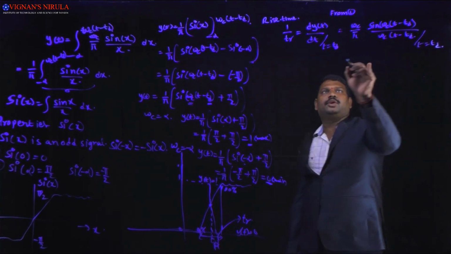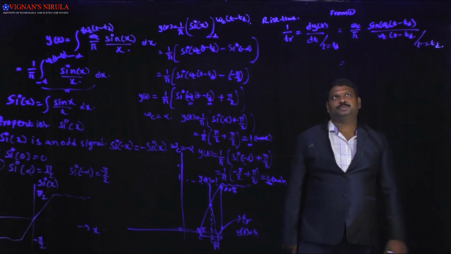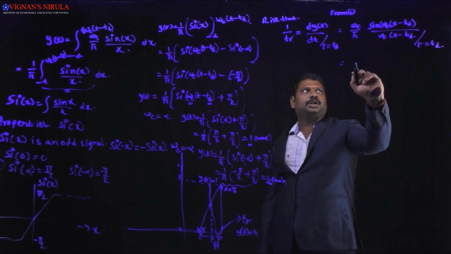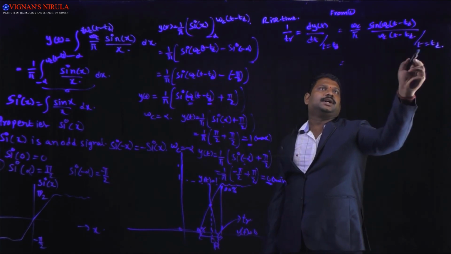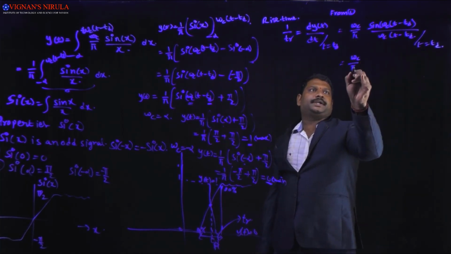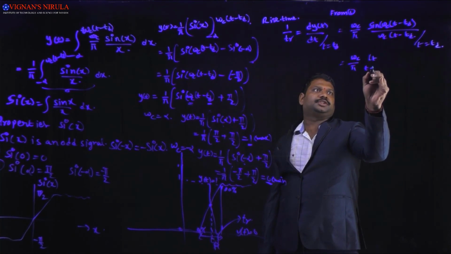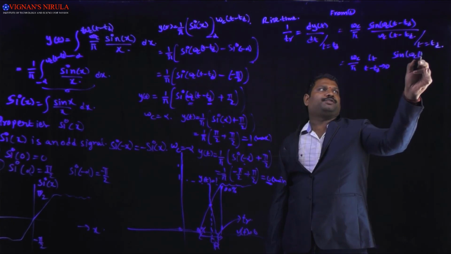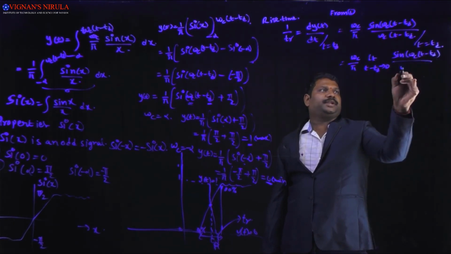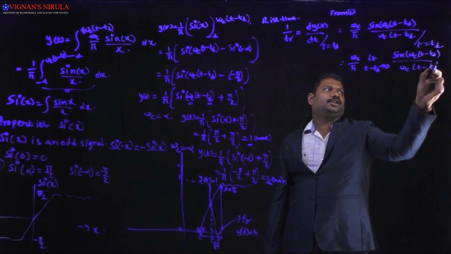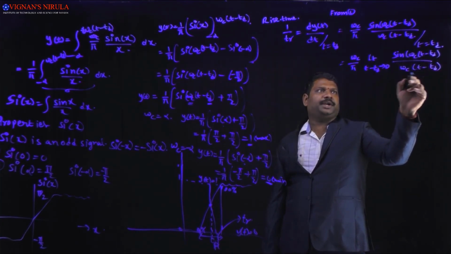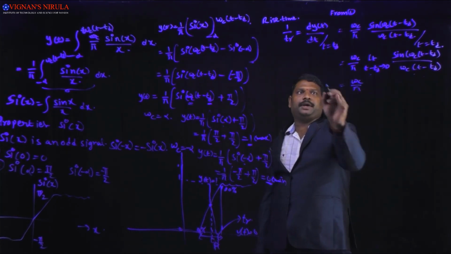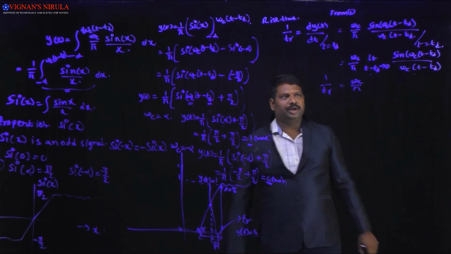Therefore, the expression is, if we take t is equal to TD here, omega c by pi times the limit as t minus TD tends to 0 of sine of omega c of t minus TD by omega c of t minus TD. Therefore, it is in the form of sine x by x as x tends to 0. Therefore, its value will be 1. Therefore, we'll get omega c by pi, which is nothing but the left side, 1 by TR.